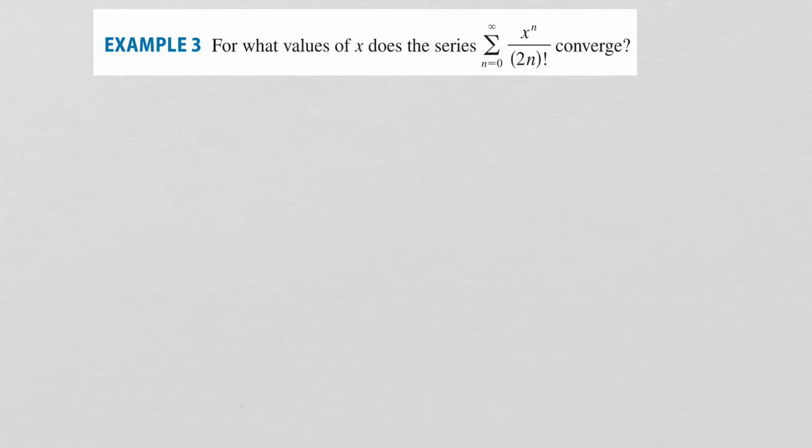The other extreme possibility when looking for the interval of convergence is what happens in this problem. So here we have the summation of x to the n divided by 2n quantity factorial. So let's identify that a_n in this case is x to the n divided by 2n factorial. And the n plus 1 term, of course, will be x to the n plus 1 divided by 2 times n plus 1 quantity factorial.